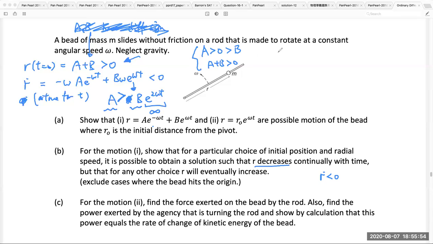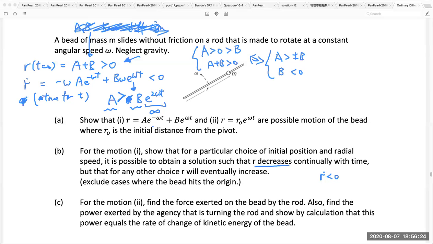That means A will be greater than plus or minus B. Can we write it like that? No, actually you need to separate into two forms. If you want to simplify, you say B is smaller than 0. They're equivalent.